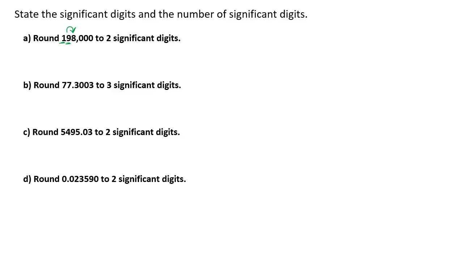So we look here, and we look at the 8. 8 is bigger than 5, so this 9 becomes a 10, which then carries, so you have 200,000. And since we rounded it to two significant digits, our significant digits are 2 and 0. And so the number of significant digits is 2.